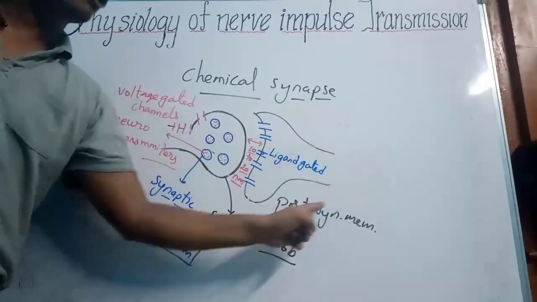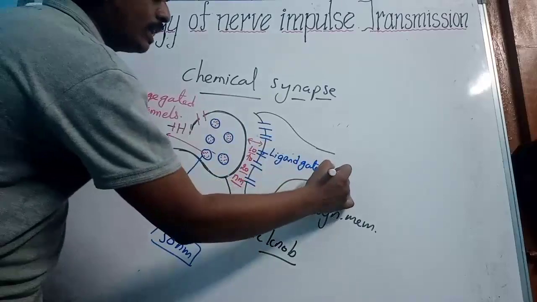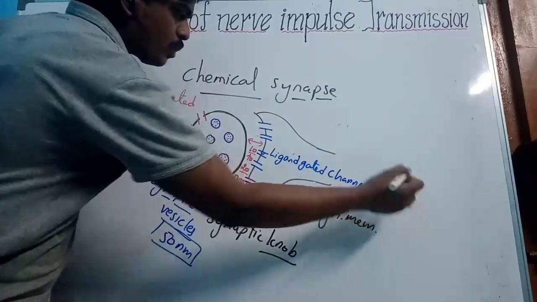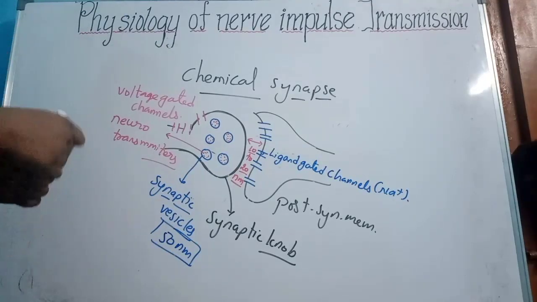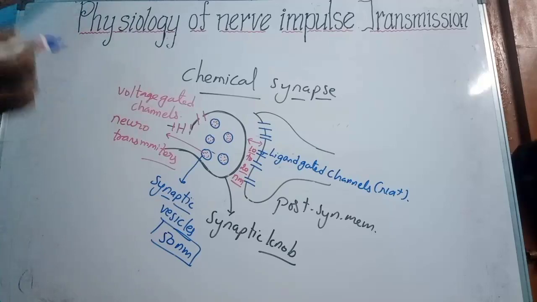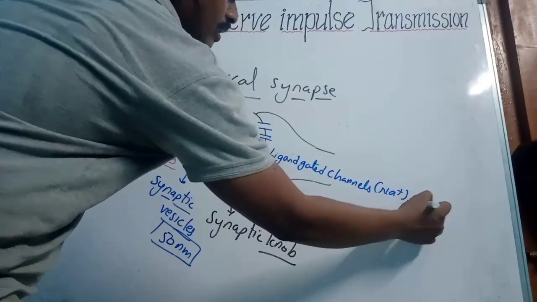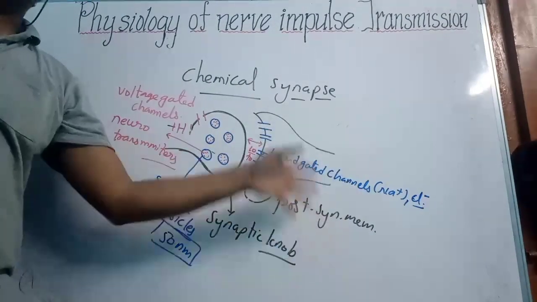Elsewhere we will have the voltage gated channels, but here we have only the ligand gated channels, specifically sodium. We can see one more type of gated channel, for chlorine. So in this region we can see sodium ligand gated channels and chlorine ligand gated channels.